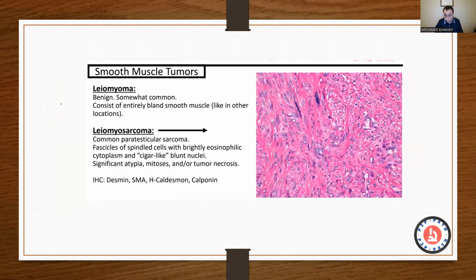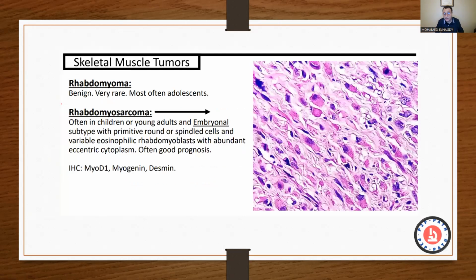There are also some smooth muscle tumors that might happen from the smooth muscles in the spermatic cord and surrounding the testis as well, like the cremasteric muscle and the muscle cells. So in the muscle cells, you might get leiomyoma, leiomyosarcoma, but these we'll also discuss in detail when we get to them.